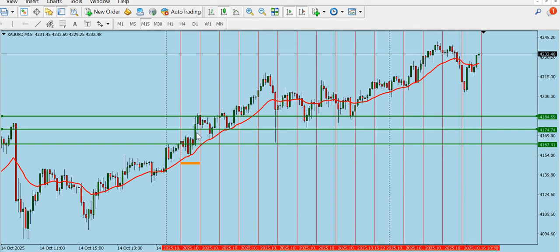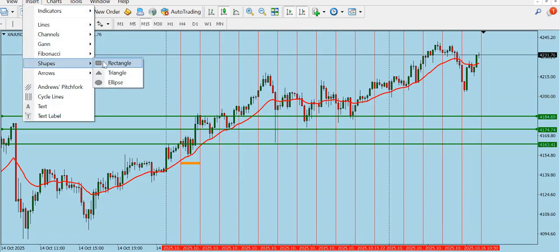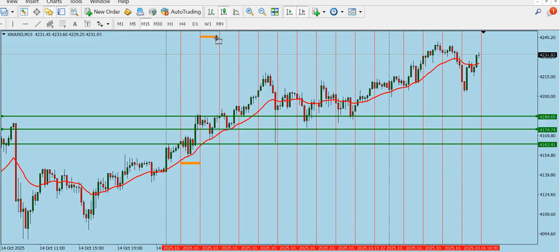Price still rose from here to here, so I'll have my support at the midpoint in the second half of the box. So my support will be here.